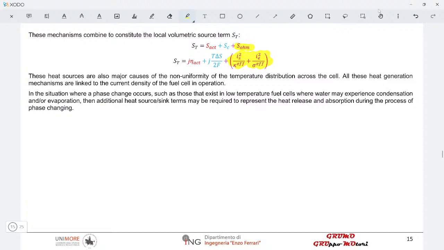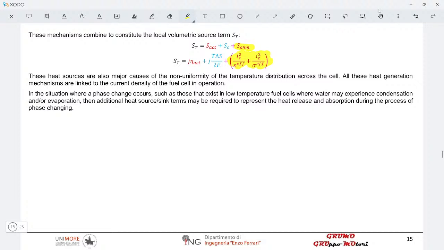So basically, in all the solid components of a fuel cell, we have some heat generation, because in all the solid components, we will have some current flowing. In the membrane, we will have the ionic current. In the solid phase of the gas diffusion layer and in the bipolar plate, we will have the electronic current. So wherever we have some charged species flowing, wherever we have some current, we will have some heat generated due to Joule effect.